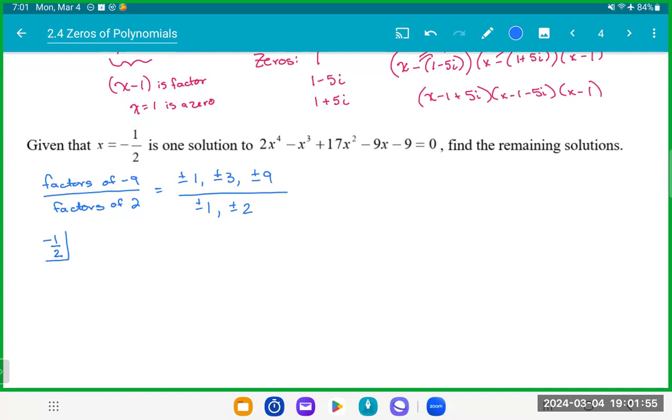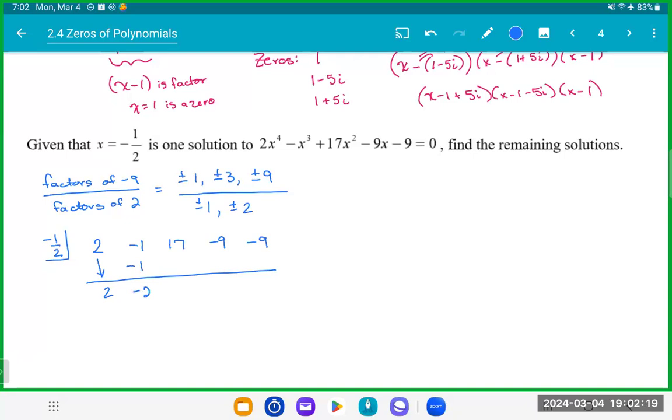And in our problem, we have 4, 3, 2, 1, 0. So we can put all of those here. We have 2, negative 1, 17, negative 9, negative 9. Bring that down. 2 times negative 1/2 is negative 1.